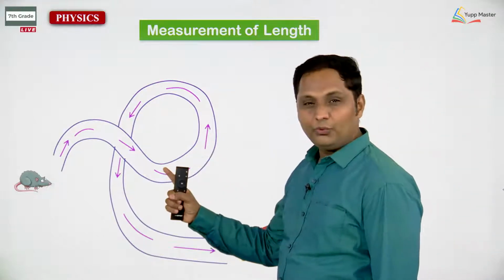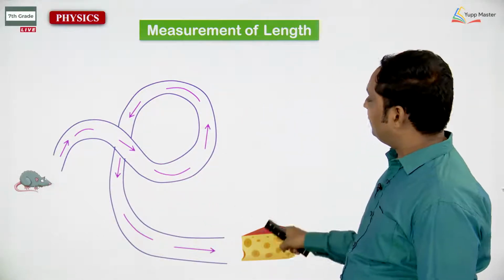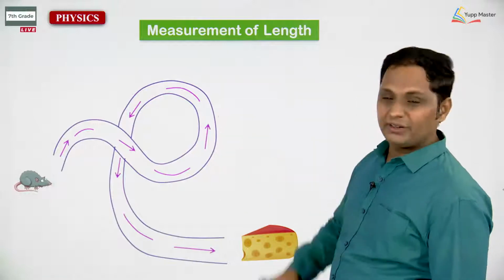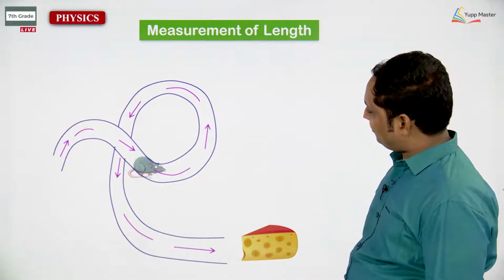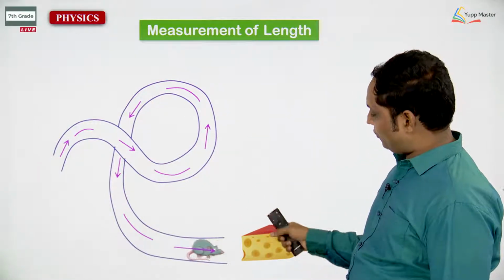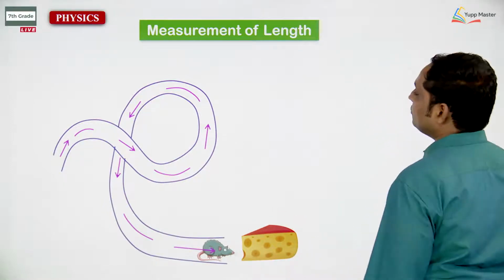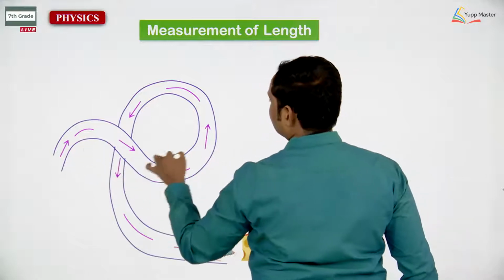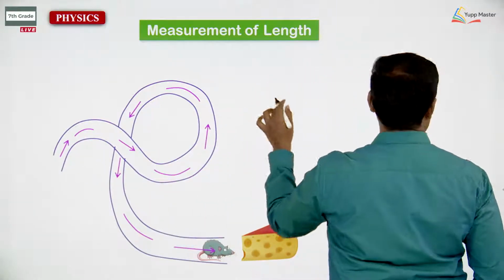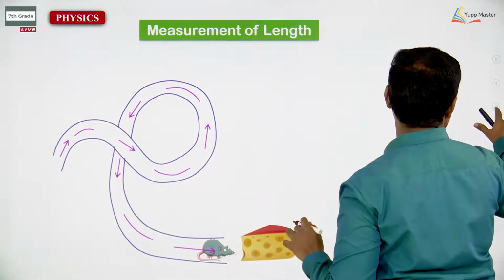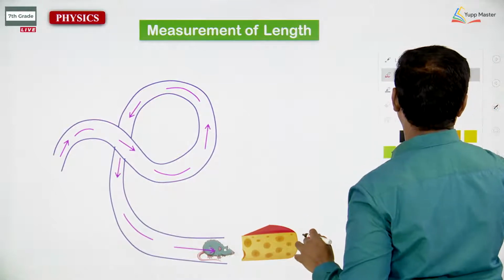The rat is going to catch the food, it's going to be followed by a path. Just you have to see that it's going to be followed, and it has reached there. Here we would like to take this path.